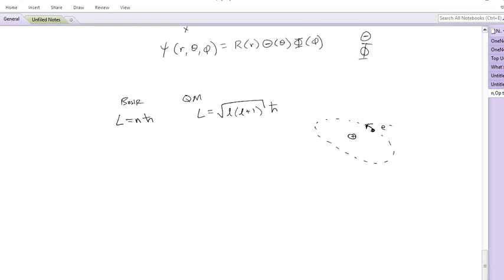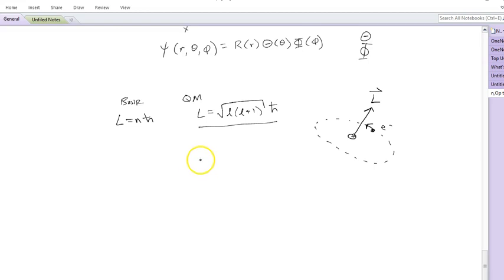Your thumb will tell you which way that L vector points. So my L vector would point like this. That would be the vector direction. And what quantum mechanics says is that the size of this L vector, the magnitude of it, is fixed according to this equation. Now, what are the allowed values of L for a given state?